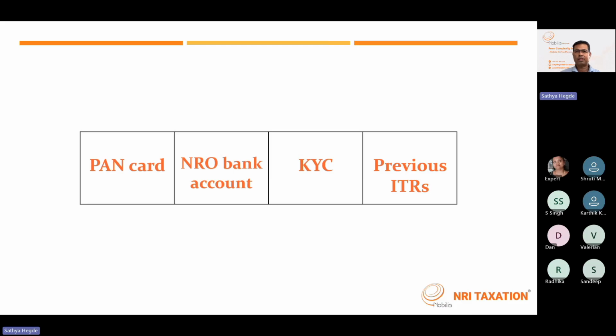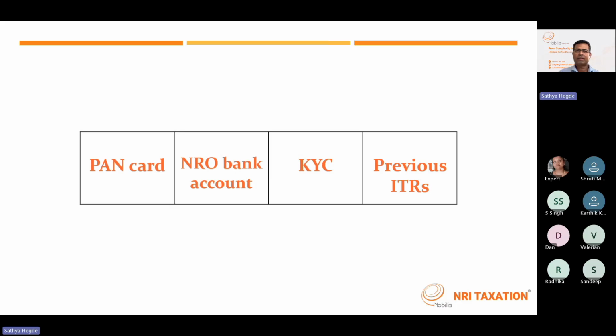NRO is a non-resident ordinary account. Upon the deposit, he realized that there was a freeze on his account, and they wouldn't let him take any money whatsoever before doing a KYC and all the due diligence, which had been pending for years and years because he had never activated it.